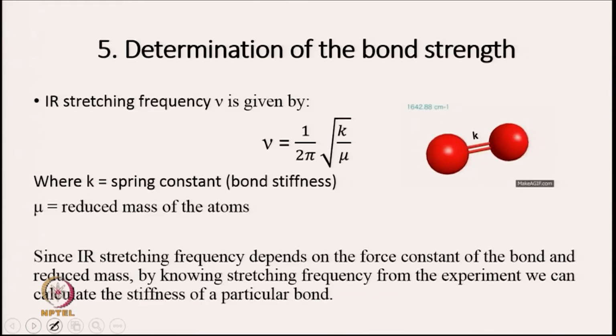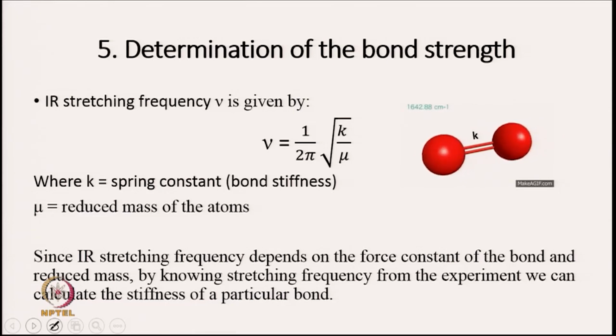So, the next application of IR spectroscopy is determination of the bond strength. The IR stretching frequency, you know, is given by 1 by 2 pi root k by mu, where k is the spring constant and mu is the reduced mass of the atoms. Now, mu is related to the masses, whereas k is related to bond strength.